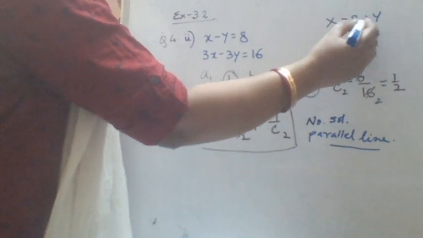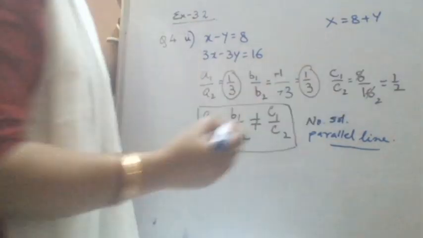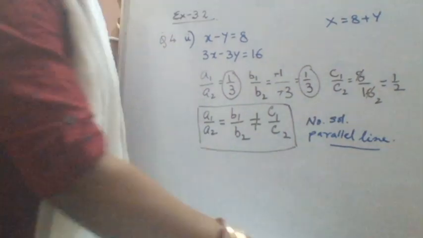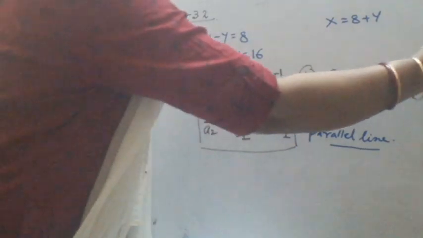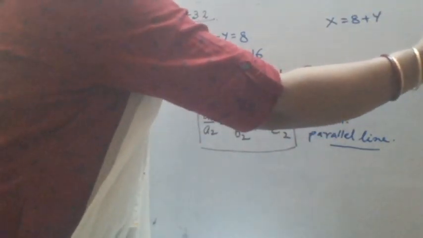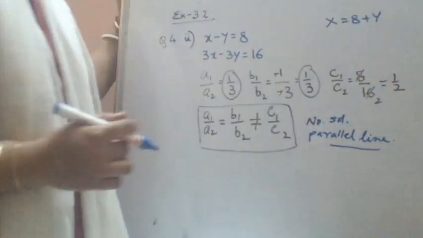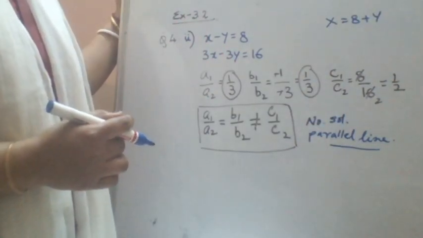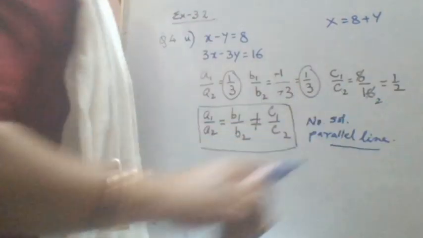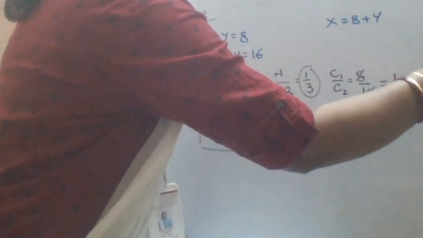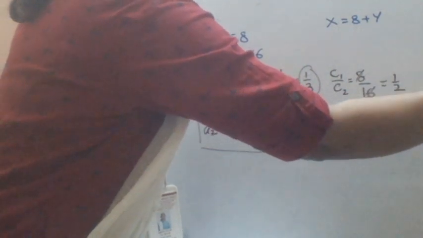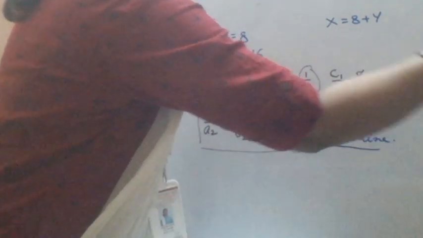Now if we take y is equal to minus 1, then x will be 8 minus 1, that will be 7. And if y is equal to minus 2, then 8 minus 2, this is your 6. 8, 7 and 6. I will write it neatly, please. Maybe this is not visible. So for y equal to 0, x is 8, y is minus 1, x is 7, y is minus 2, x is 6.